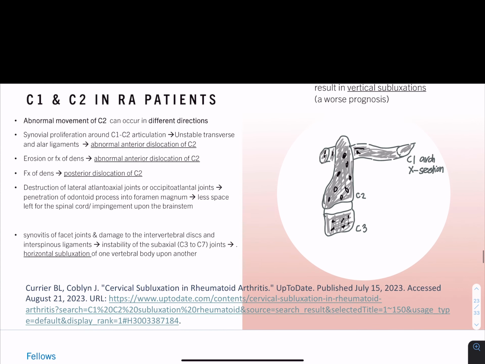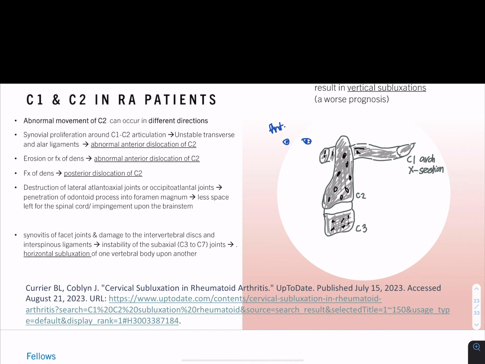There are different C-spine pathologies associated with the rheumatoid, but before we discuss the different anatomical pathologies that can occur, let's orient ourselves first. So, the left side of the picture here, where the odontoid process abuts C1, is considered the anterior side, and the right side is the caudal side.